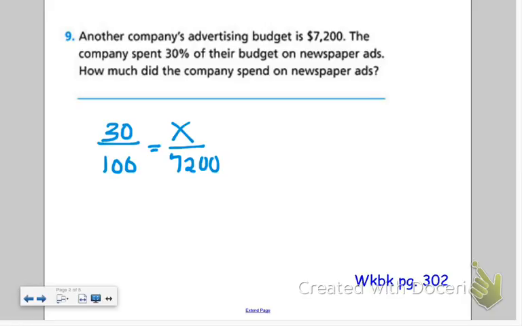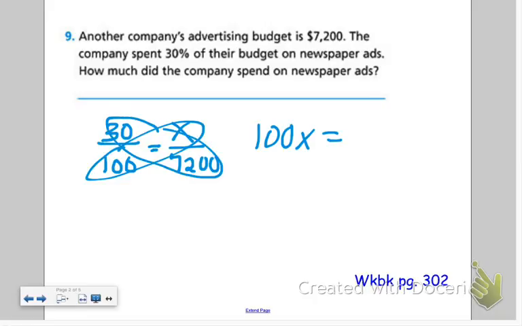I would have to cross multiply here. I have 100 times x, which of course is 100x. And then I have 7,200 times 30, which is going to give me 216,000.